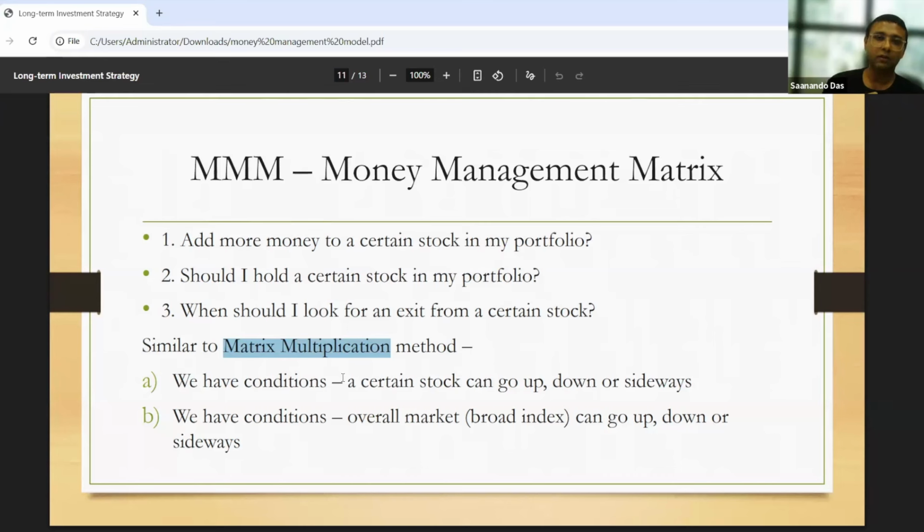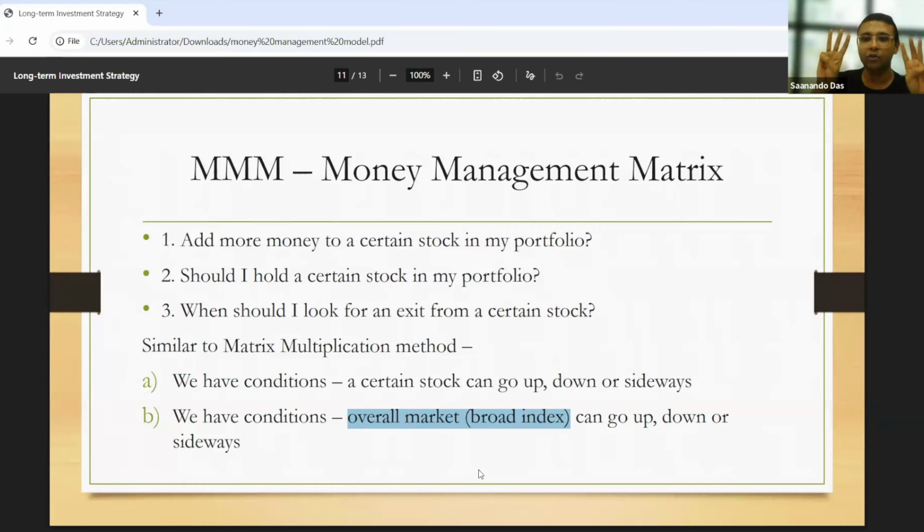Stock specific. Like a stock can go up, stock can go down, or it can go sideways. So what will be your action regarding this? And we have another condition, that is the overall market or the broad index, which can also go up, can go down, like Nifty 500 we can choose, or Nifty 500 can go sideways.